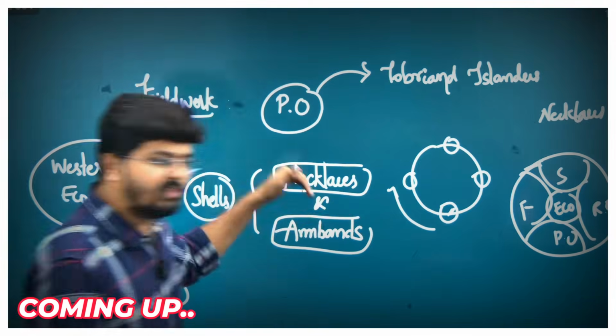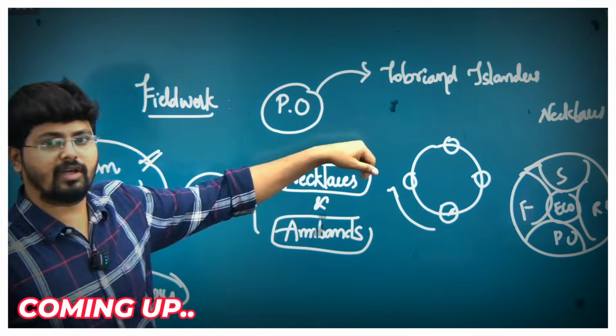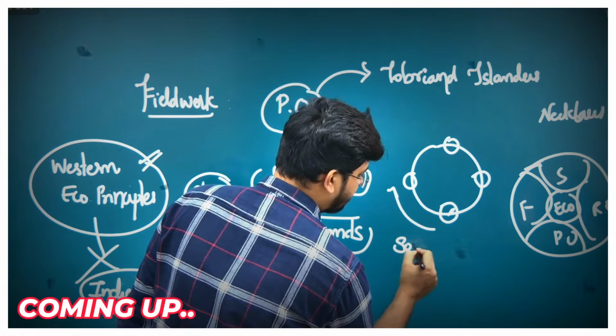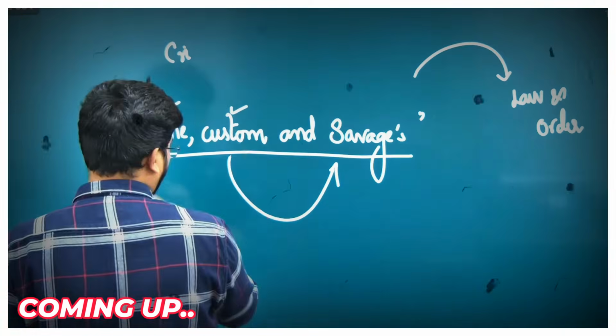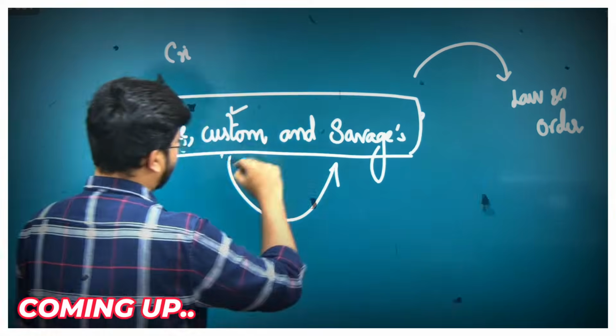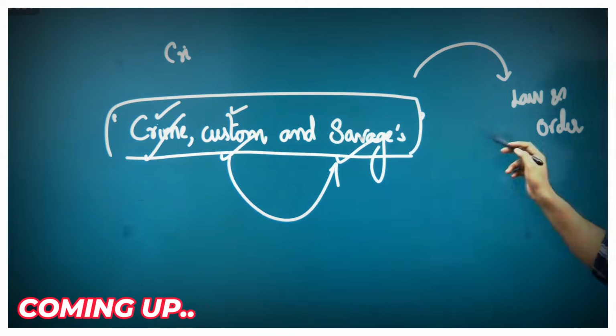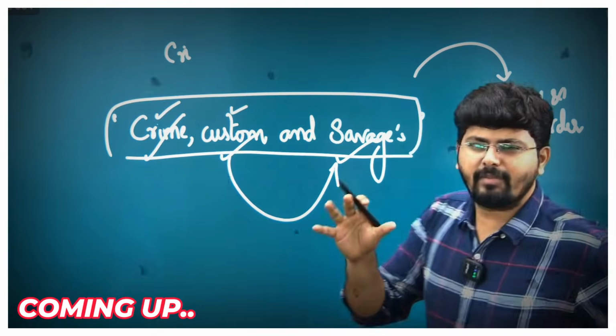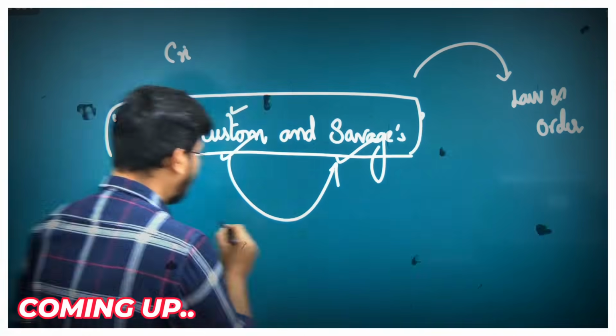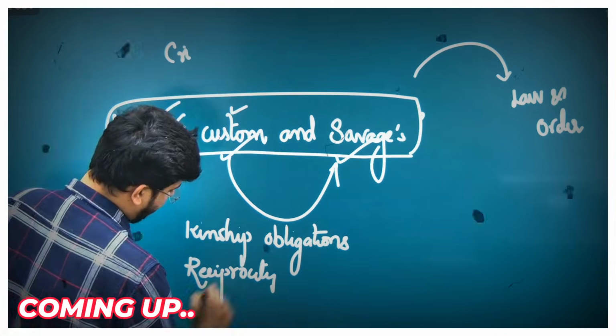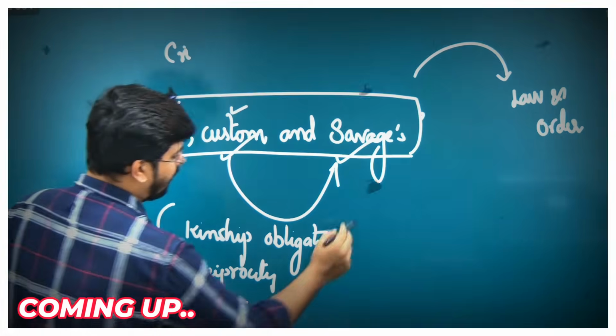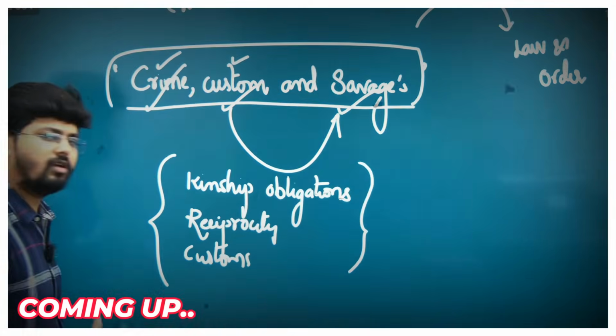So they are exchanging these things, they are moving from one place to another to establish social relationships, which is important for them. The name of the work is Crime and Custom in Savage Society. So there he talks about the crime, the customs and the savages. He tries to say that there they don't have any formalized mechanism, rather kinship obligations, reciprocity and customs make people obey things and follow the rules of the society.